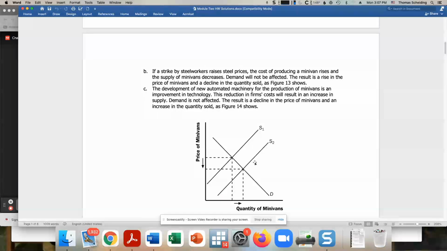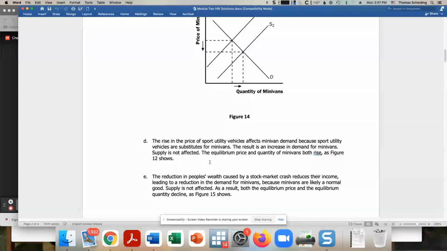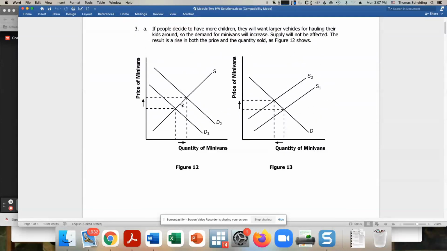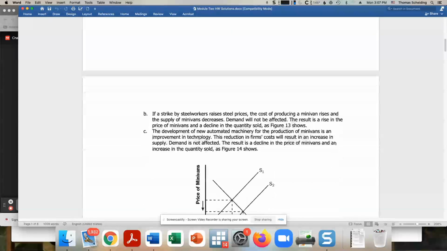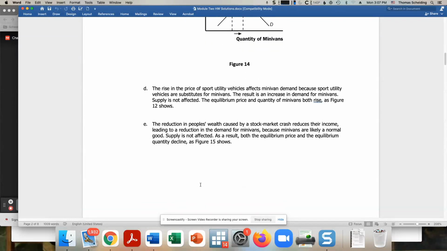So that would be graphed out like that, where it's shifting out. And an increase in demand for minivans as the price of sport utility vehicles increases. So that would be demand increases. That's this graph right here. And then finally, people buying more minivans. That's the demand curve.